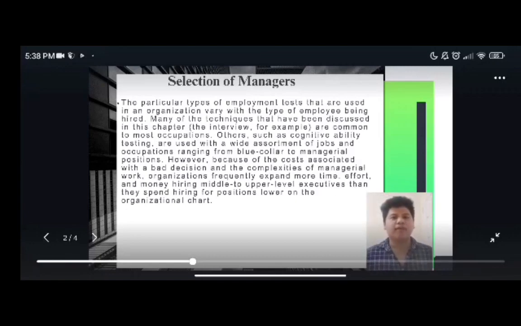However, because of the cost associated with a bad decision and the complexities of managerial work, organizations frequently expend more time, effort, and money hiring middle to upper level executives than they spend hiring for positions lower on the organizational chart.